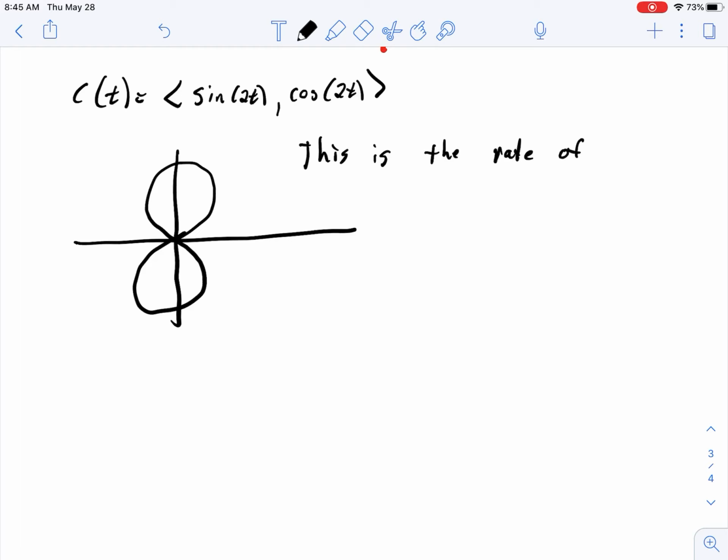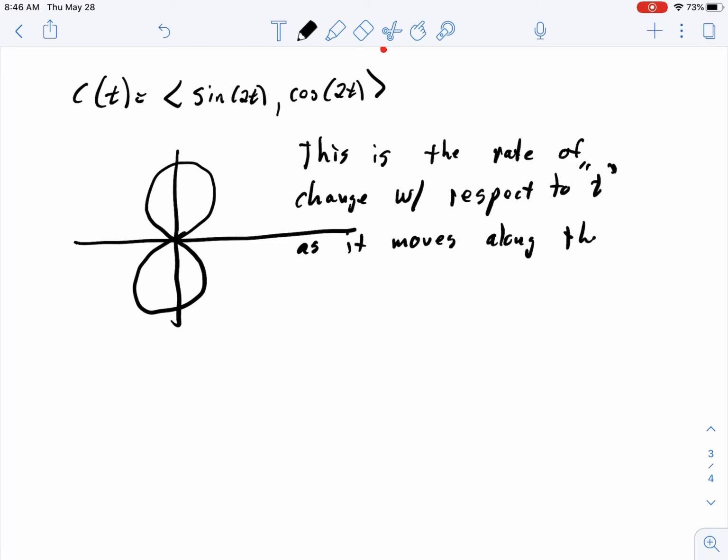So this is the rate of change with respect to t. And we can call it time, as it moves, and it is the particle, as it moves along the curve.